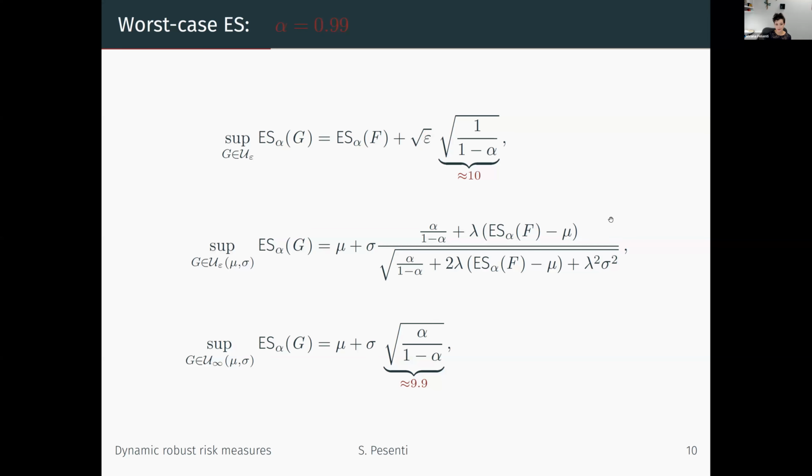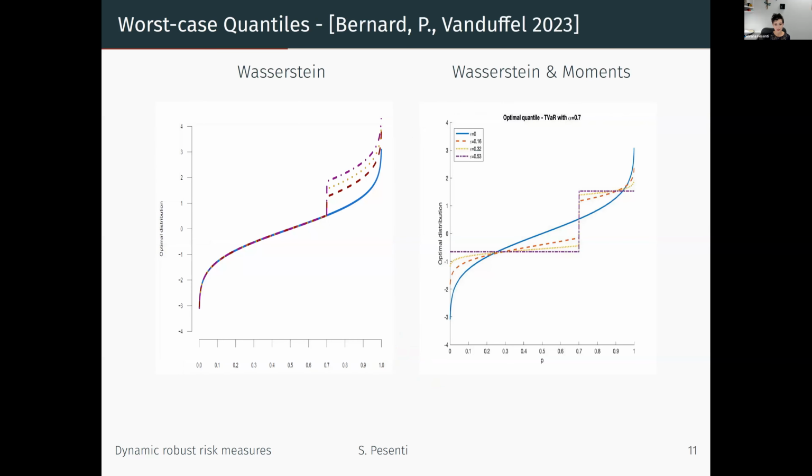So these are different examples depending on what type of uncertainty set we choose, and what the worst case quantile function looks like in these cases is as follows. On the left hand side, we only have the Wasserstein constraint. There we knew that's a linear combination of the reference distribution plus the gamma from the expected shortfall.